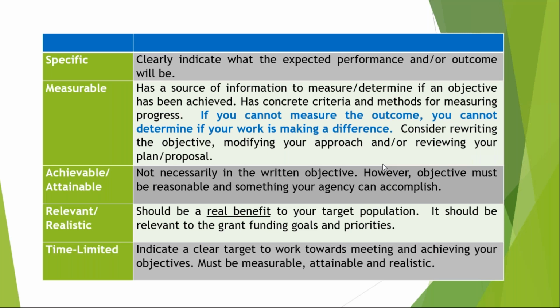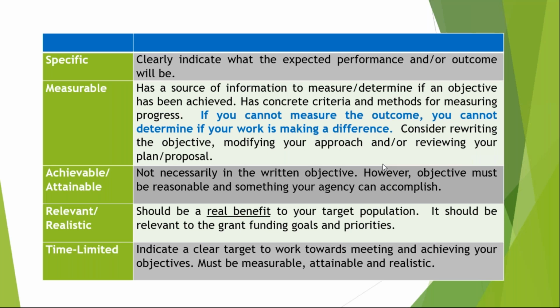When this happens, what you need to do as an agency is either consider rewriting the objective so that it's clearly measurable, or you might need to modify your whole approach or completely review your plan or proposal and go to plan B.